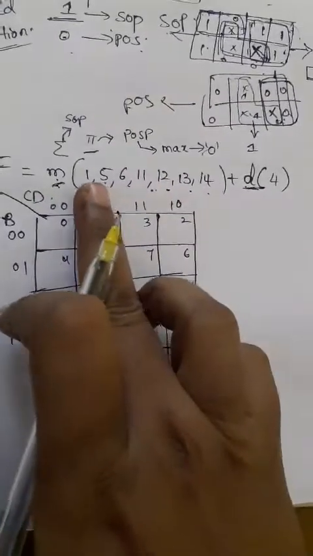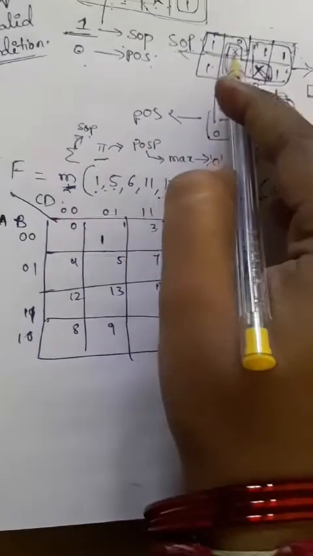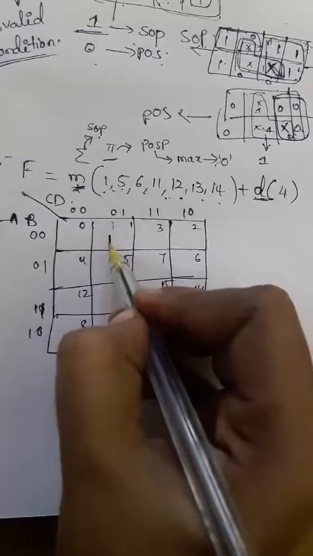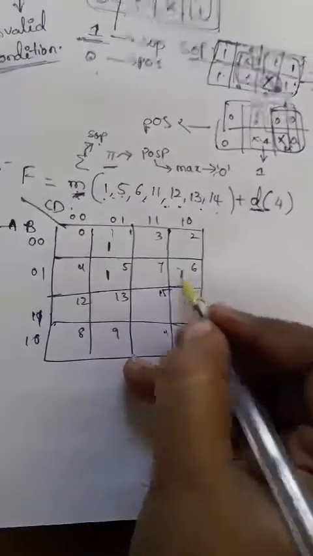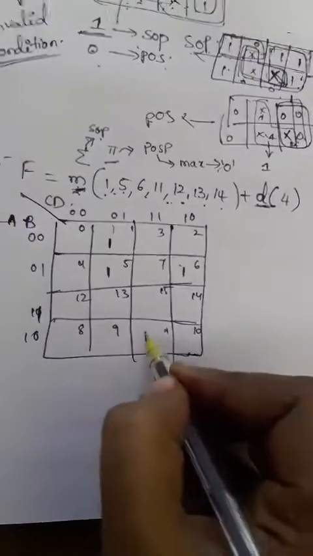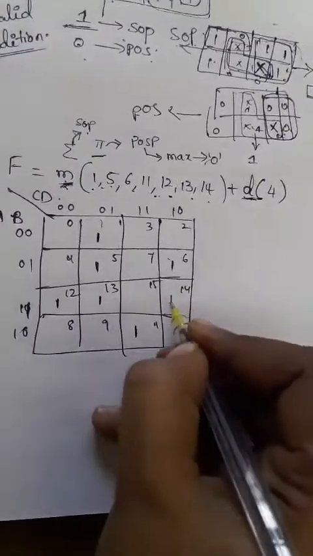Min terms are always in the form of SOP, and SOP is represented by cells with 1, right? So I put 1 in this cell, and next 5, 6, 11, 12, 13 and 14.